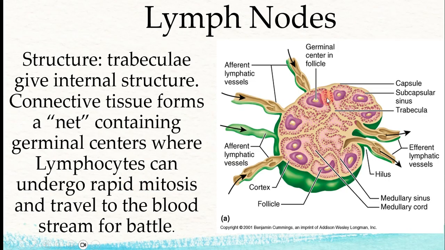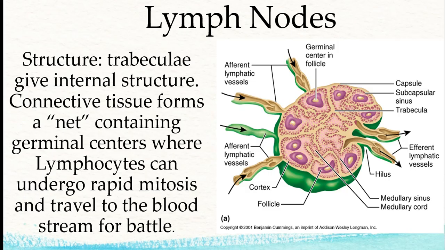This is where lymphocytes can go. So where are lymphocytes made? Where are all blood cells made? In our bones, right? Well, lymphocytes are special in that they can come to a lymph node when needed, and there will be this rapid mitosis and proliferation of lymphocytes in these centers.